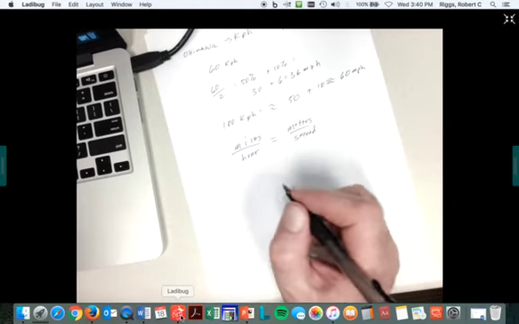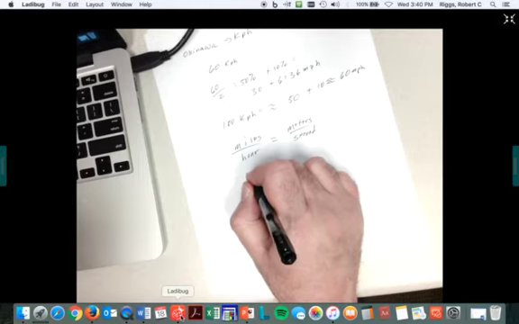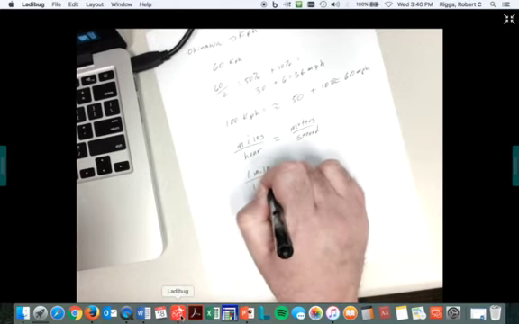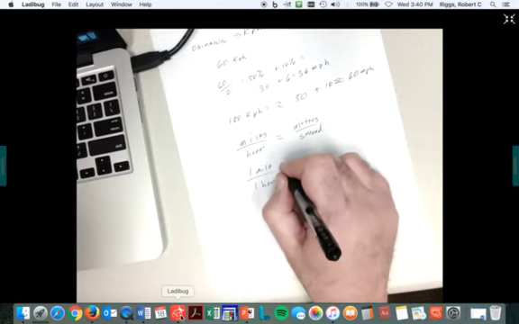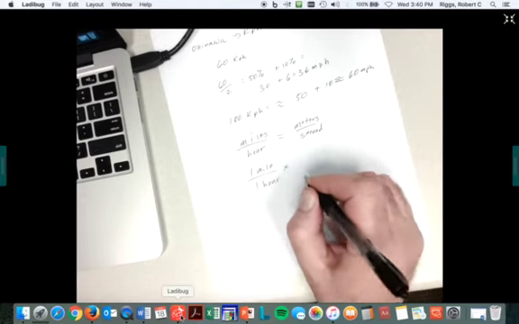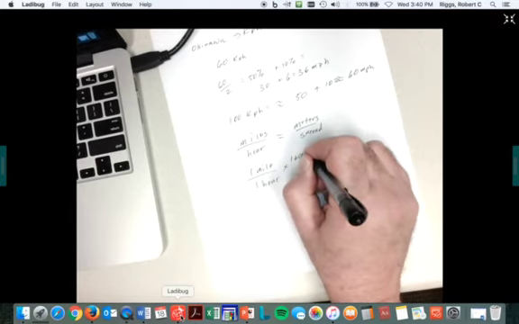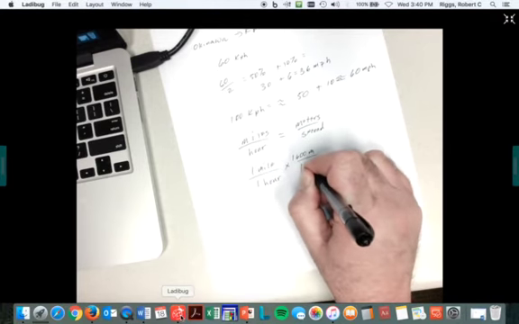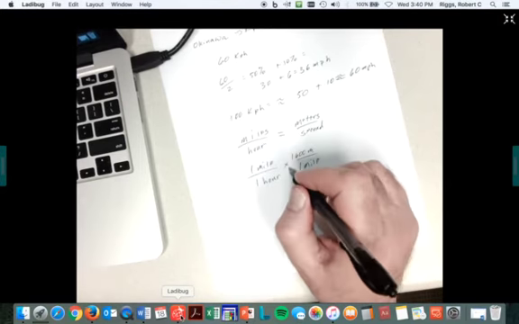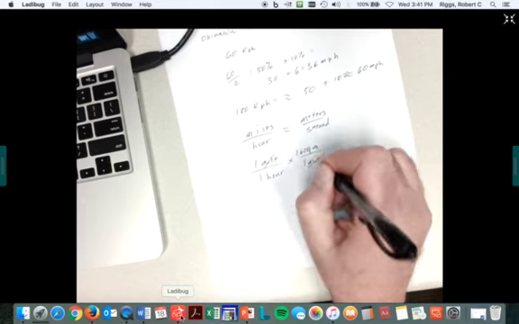So let's convert 1 mile per hour, 1 mile in 1 hour, into meters per second. Well, there are 1,600 meters in 1 mile, or 1,609, let's go with 1,609.